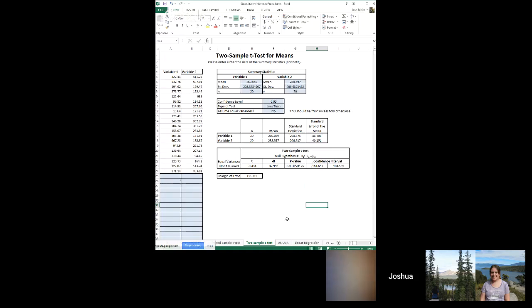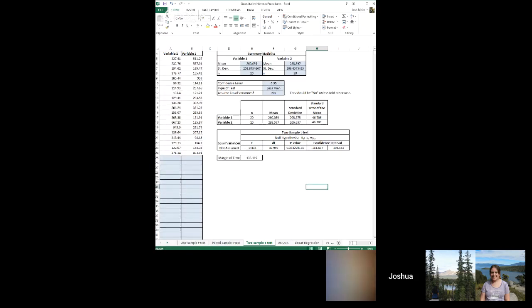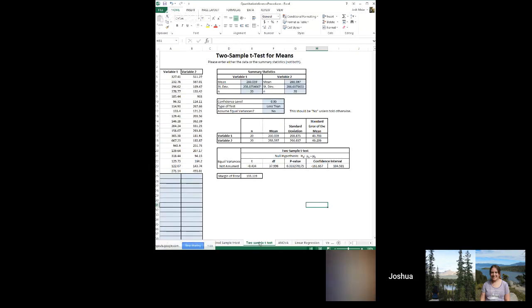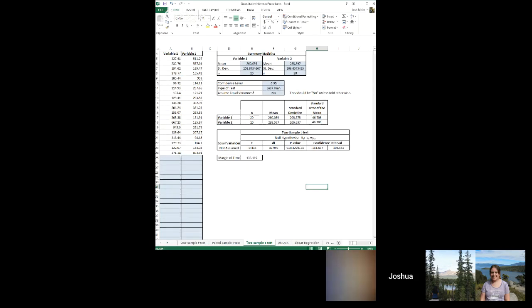Copy, paste. Okay, I've copied and pasted.